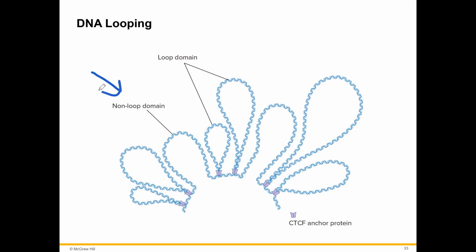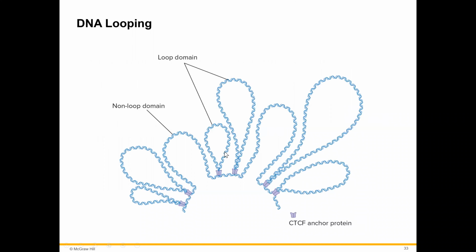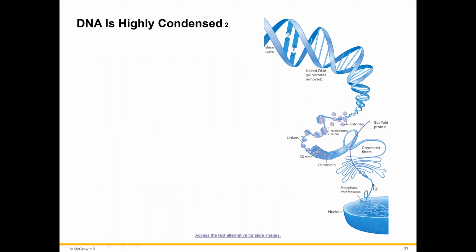So that's how your DNA looks when it's inside the nucleus and not condensed into a chromosome, right? It has this loopy structure, and this is how it exists inside the nucleus. So you can see over here our loops, and that's the loose form of chromatin inside the nucleus, and when chromatin condenses, we have a chromosome.